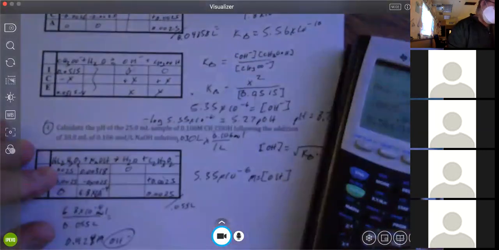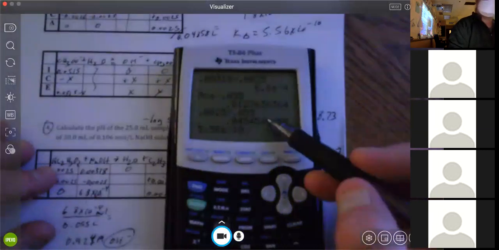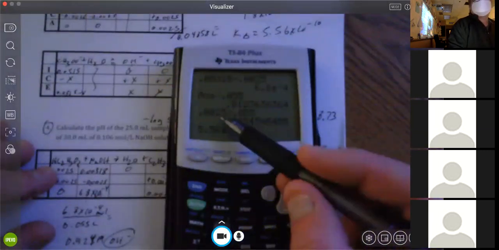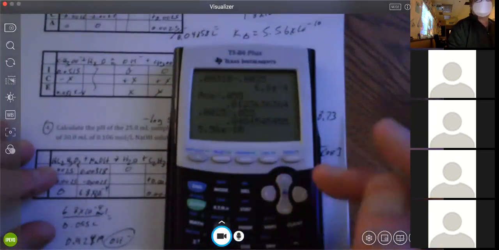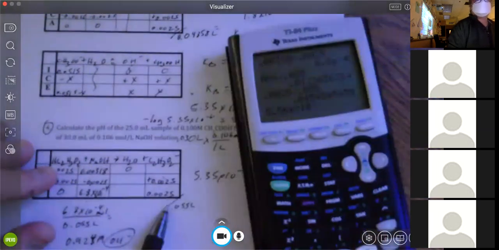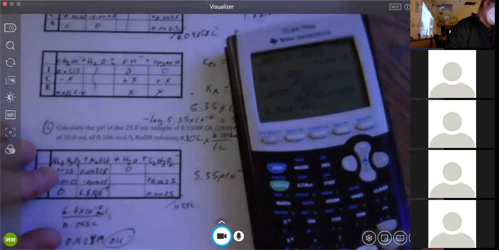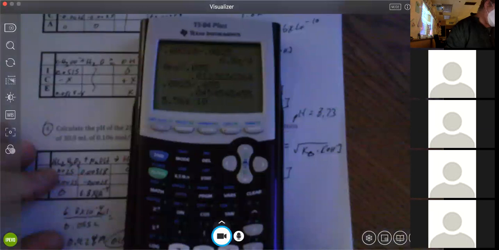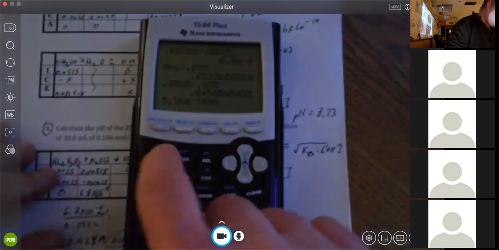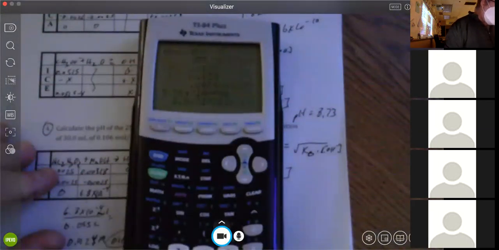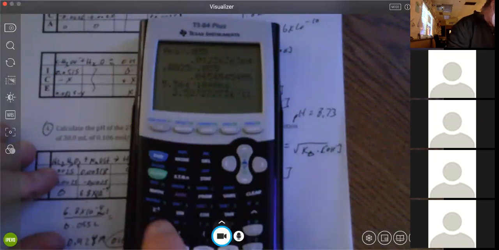In this case, it is 0.0025 divided by 0.055 from here, right? That's our conjugate base. That's the molarity of the conjugate base. We're going to multiply that by the Kb. And then we will take the square root of that.